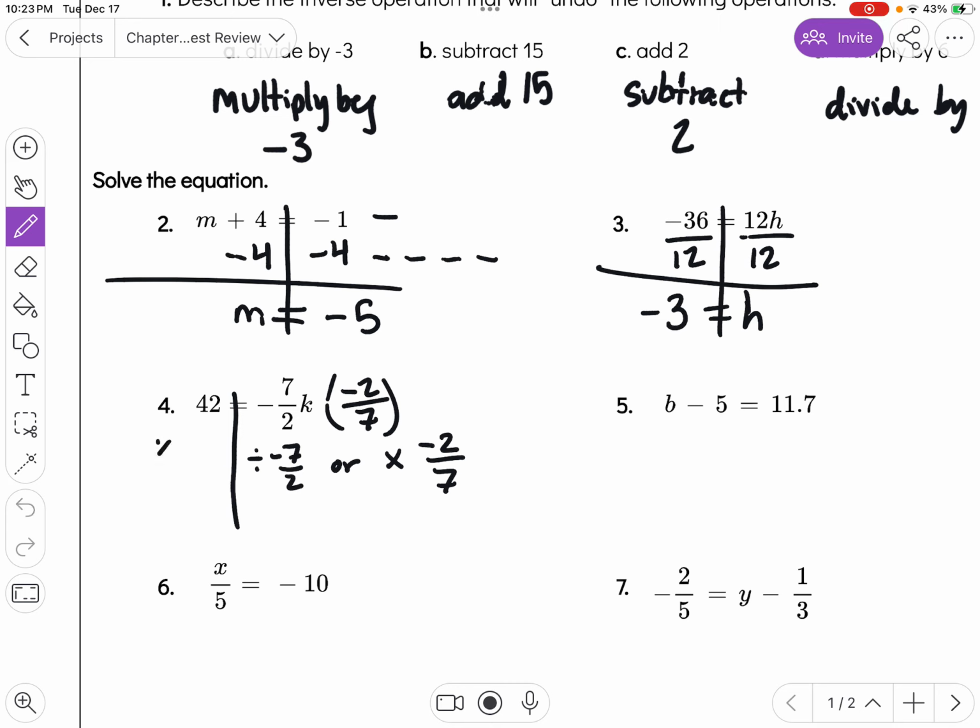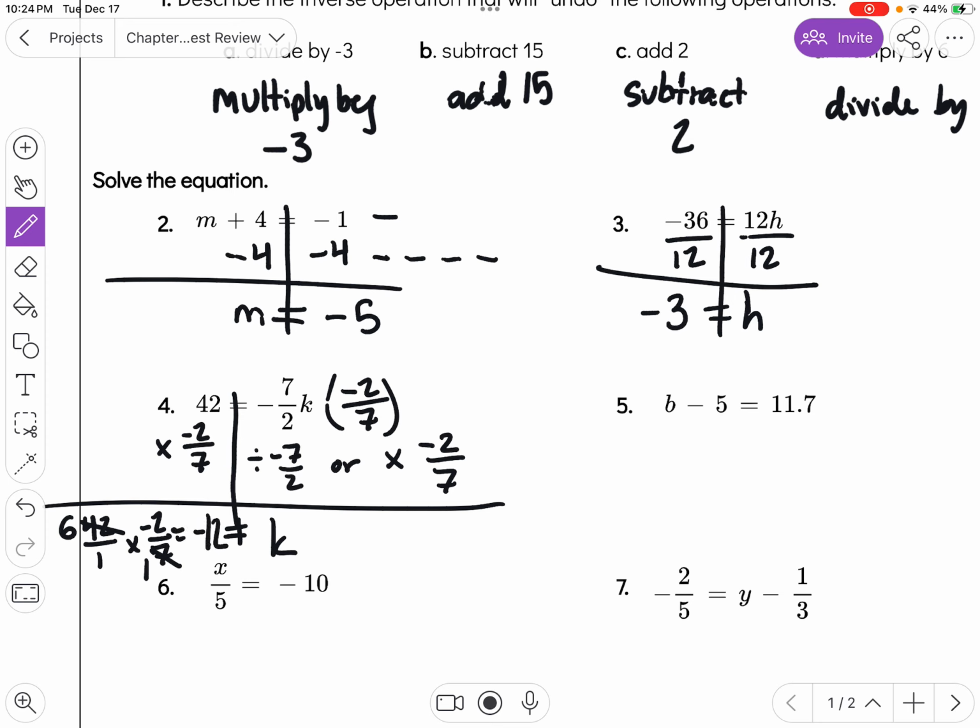Whatever I do to one side, I have to do to the other, times -2/7. K on this side, equal sign 42, we'll write that over 1, times -2/7. 7 and 42 can simplify to 1 and 6. 6 times -2 is equal to -12. So our answer is -12 is equal to k.